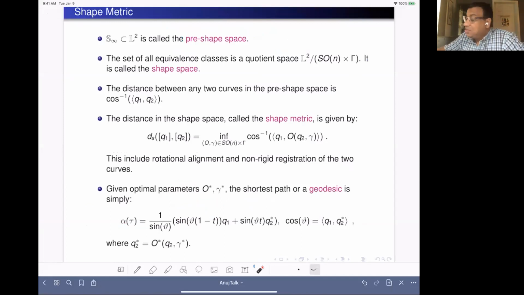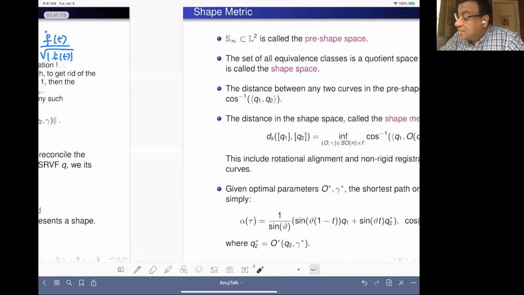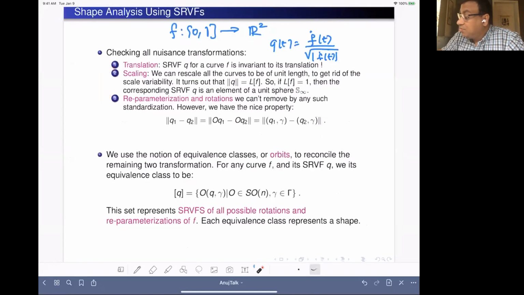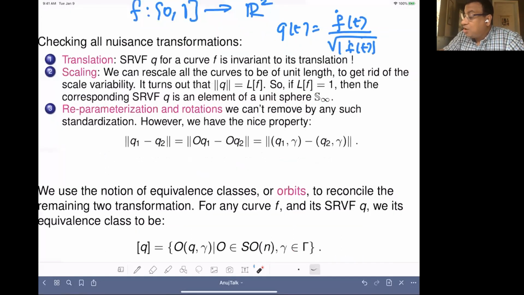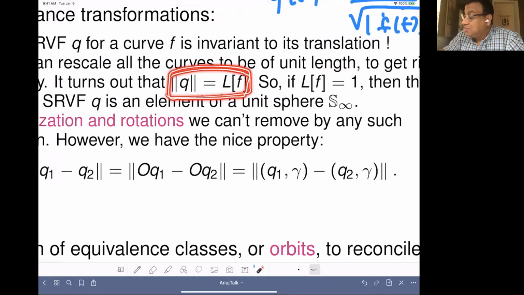There is a little bit of mathematics that we'll have to walk through because we rescaled all the curves to be of length L. There is another nice property that we get, which is that the L2 norm of an SRVF is the same as the length of the curve. So if the length of the curve is 1, that means we are dealing only with SRVFs, Q functions, whose L2 norm is 1.